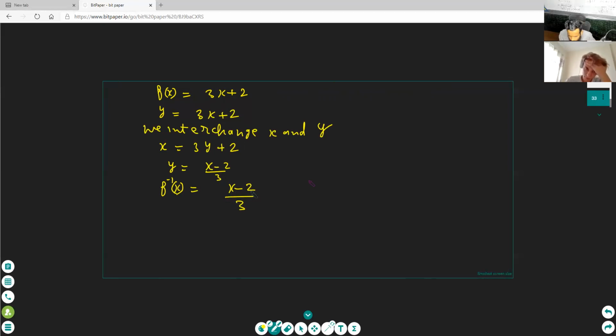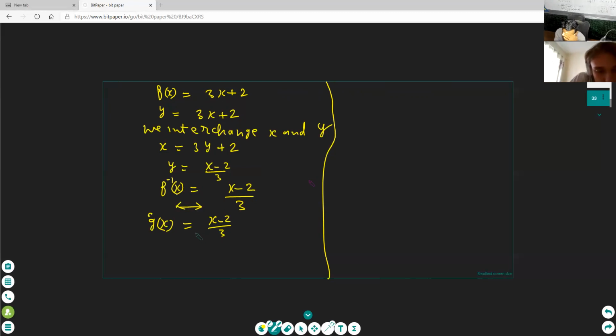For example, I give you another question, and you should find the inverse by this method. I write the question g of x as x minus 2 upon 3. Can you find the inverse by this method? First, you should write g of x is equal to y.